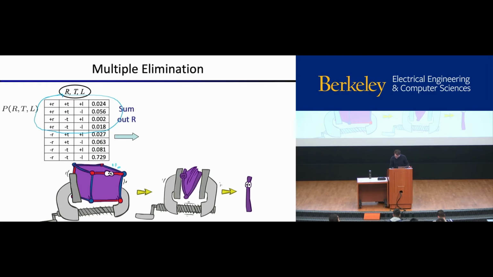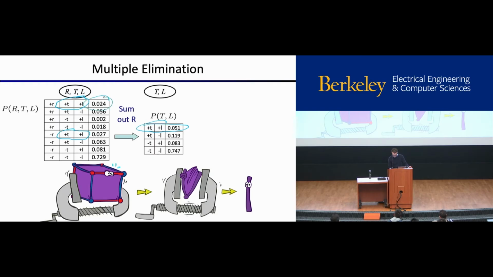So, right, first of all, what's the shape of our table going to be? It's going to be a joint distribution over T and L. And so for each entry in this table, we have a plus T and a plus L. So what we have to sum over is all the ones where plus T and plus L appears. So it's these 2.